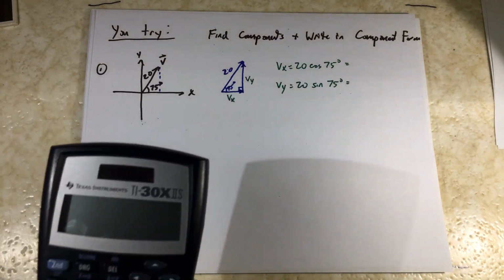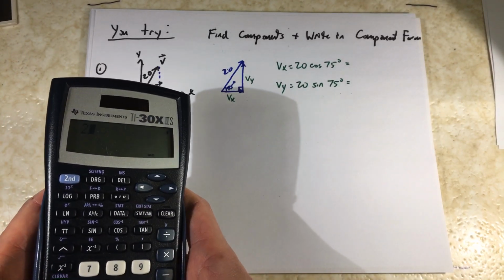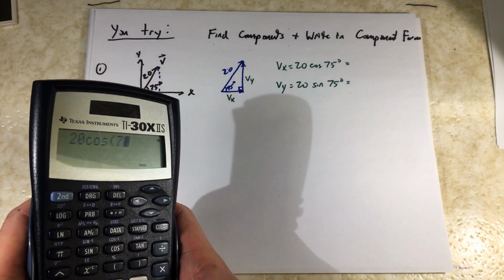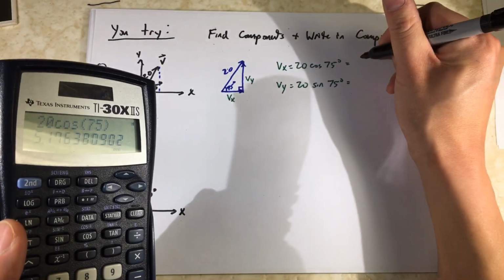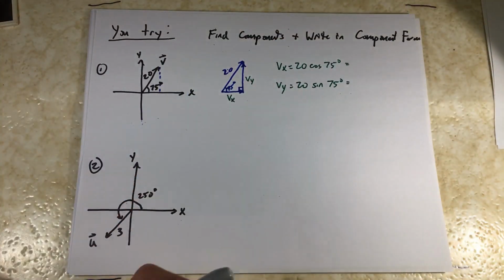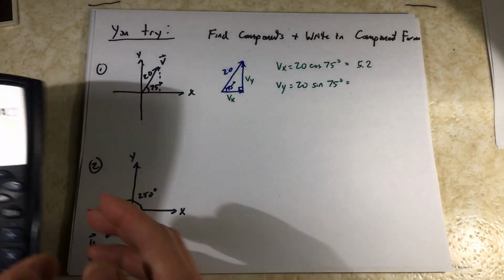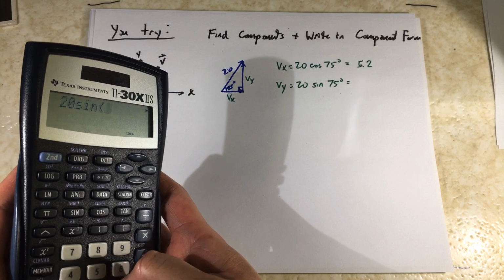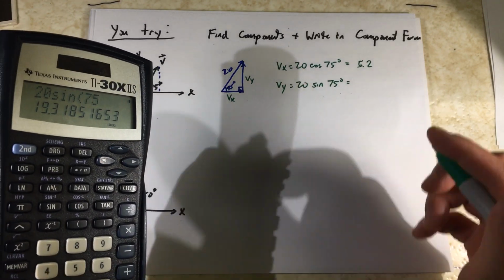So let's calculate these sides. 20 cosine 75 gives 5.2. And then 20 sine 75, I got 19.3.